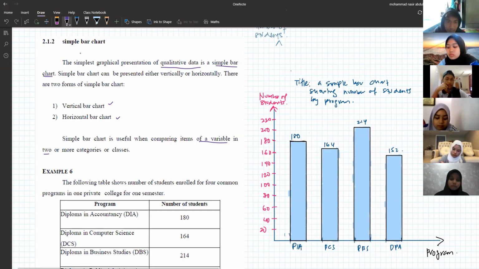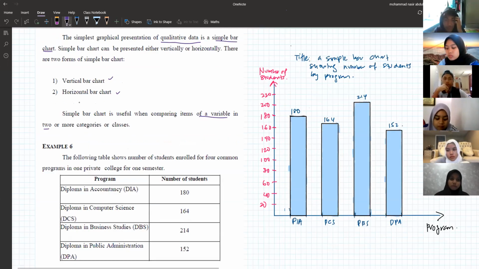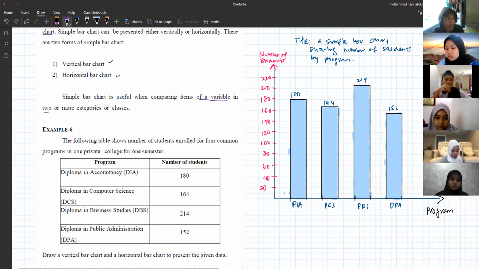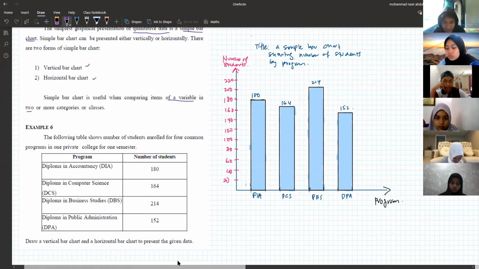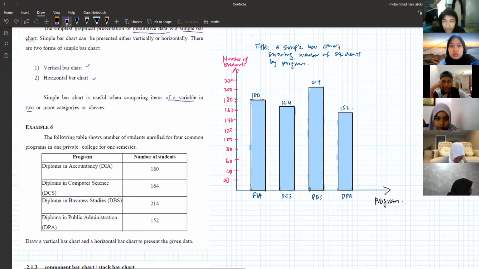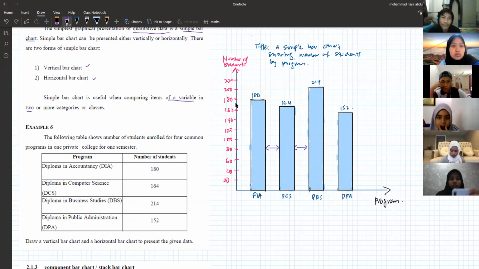So now look at example number 6. So at this point, you should have your own graph paper, right? So we're going to learn how to draw a simple bar chart. So this is an example of a simple bar chart, right? So you have a bar to represent each category, and from one bar to another bar, you have a gap, between the first bar and the second bar, to the third bar, to the fourth bar.